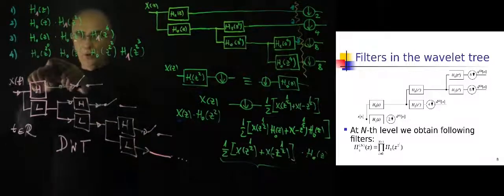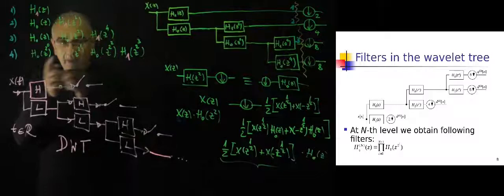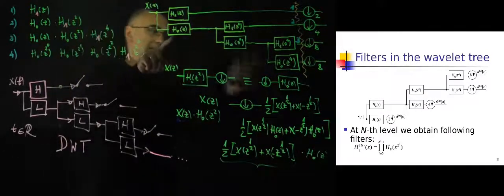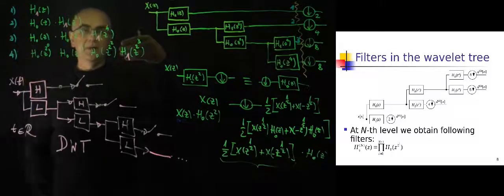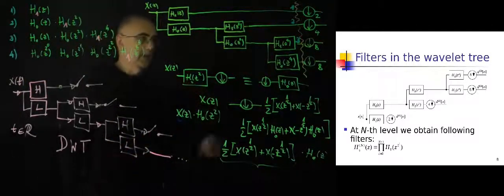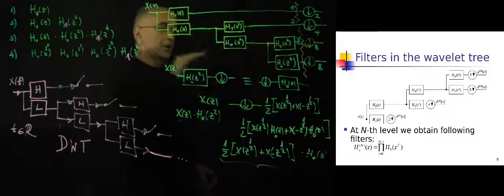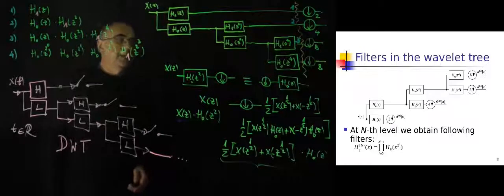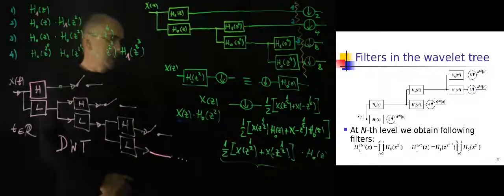We have a product of such low pass filters in the low pass branch. Okay, here it is. I can just cover this for the moment. And if we are talking about the high pass branch, then at the very last moment I just apply the high pass filter as follows.